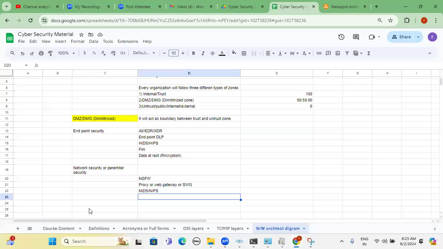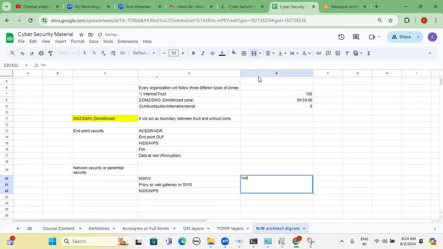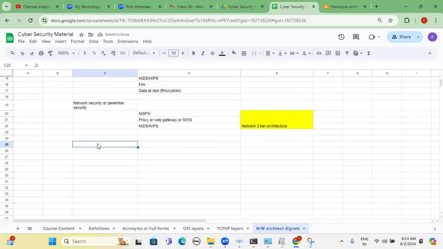Okay. Next one, these three solutions are also called the network three-tier architecture. So that is about network security and perimeter security.